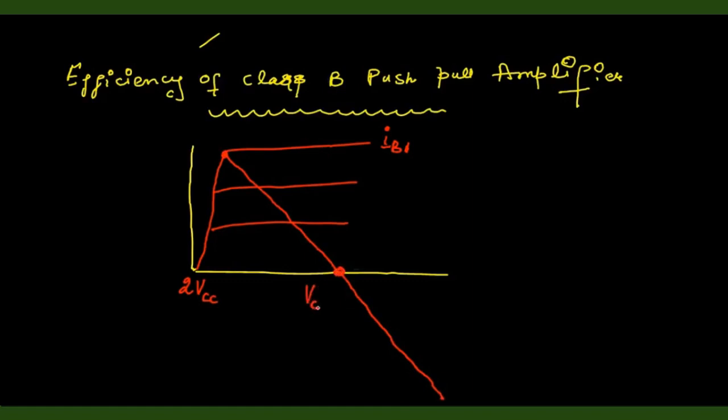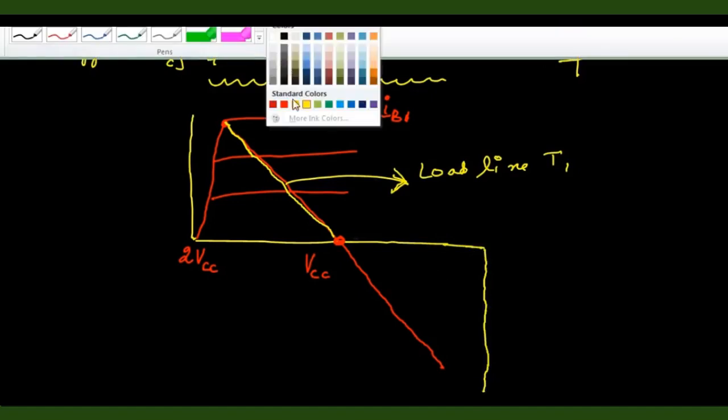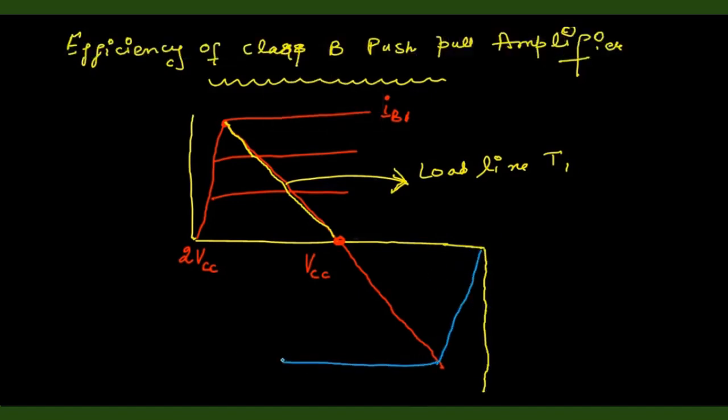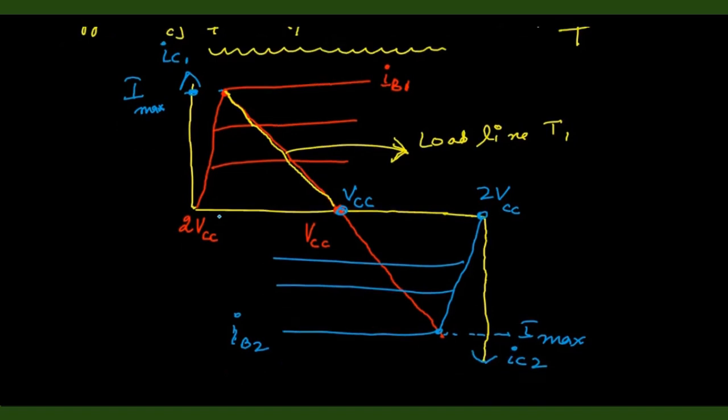Above is the load line of one transistor, T1, and below is the load line of the second transistor, T2. This is the I max. Now here we find the slope: perpendicular over base, and we take the inverse of it.